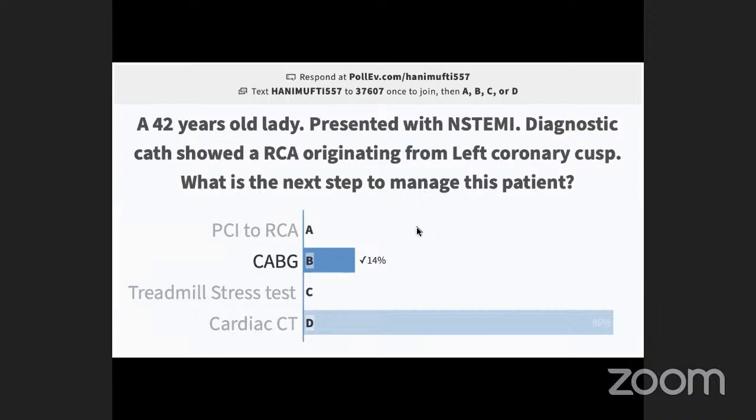Once they have ischemia, once they have any symptoms, they have to be operated on. But RCA from the left is the one that is a bit difficult to manage. You cannot justify operating on them if they have no symptoms, because the operation is risky and the benefit is very small.